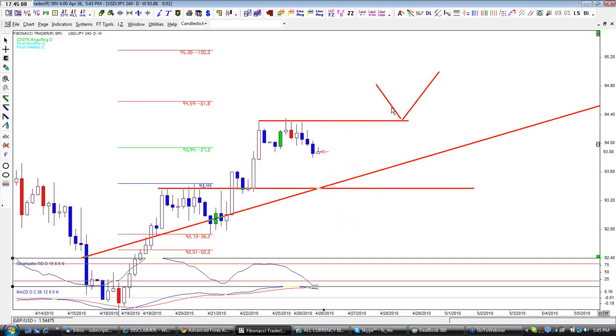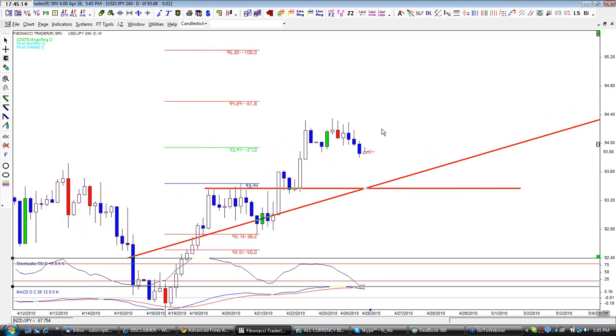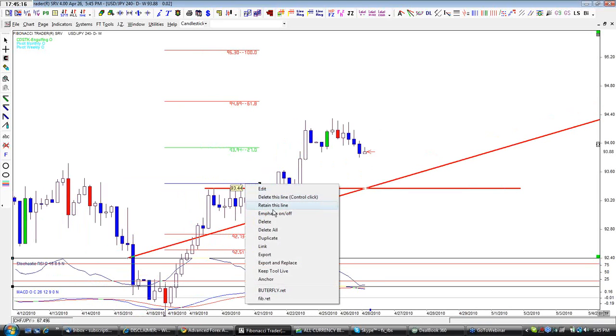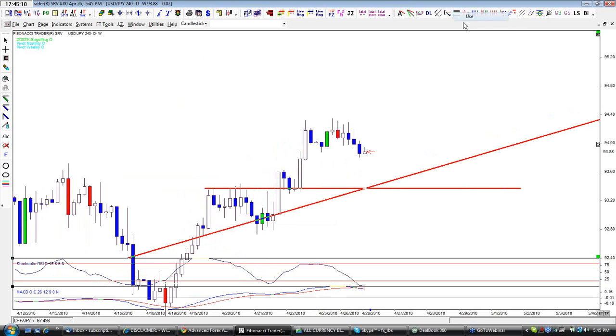Now here we can see also some bullish patterns. Let me delete this fib. I will draw a new one. It's best if I use my expansion line.